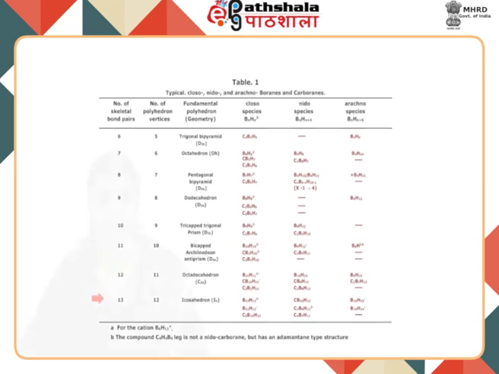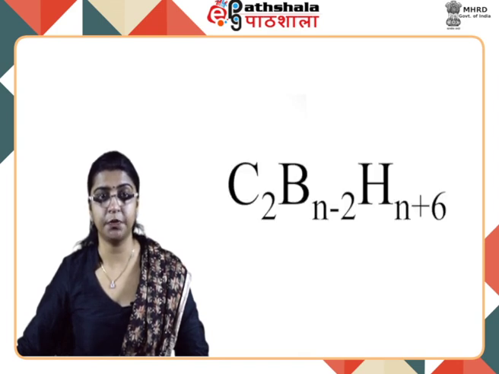Now, apart from these, the hypocarboranes, wherein, as I said, there are missing vertices in a closo polyhedron. These structures are adopted by those carboranes having a general formula C2Bn-2Hn+6, wherein three vertices are missing from the parent closocarborane.